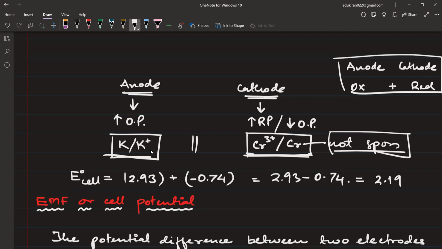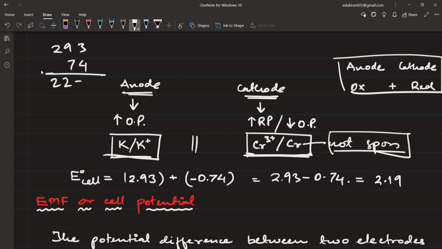By the way, let me tell you a bit of math. Like this 2.93, we can write it as 293, and what do we have? 74. Correct? Tell me, 29 minus 7 will be how much? 22. And 3 minus 4?